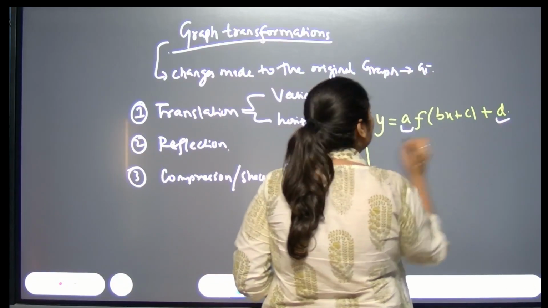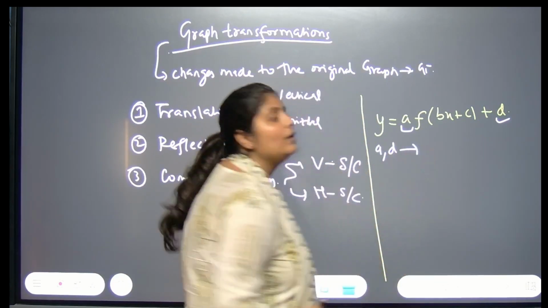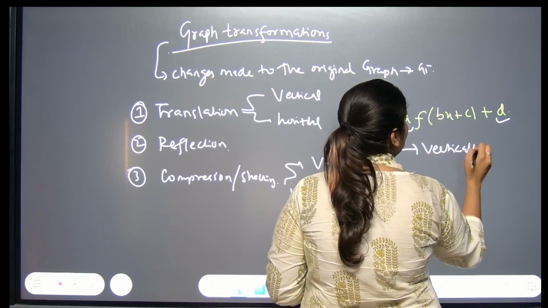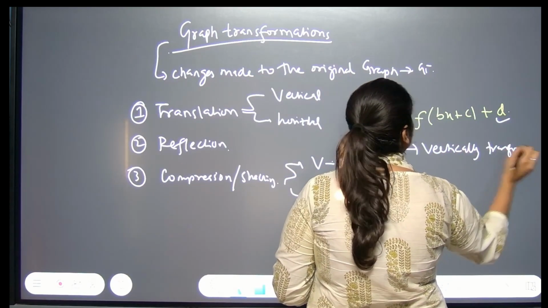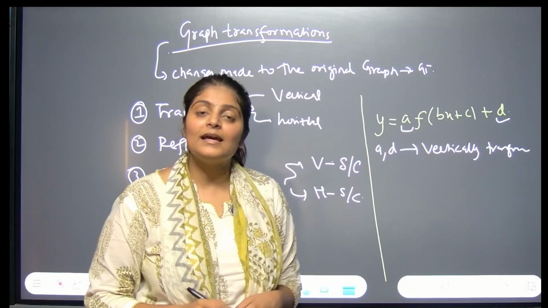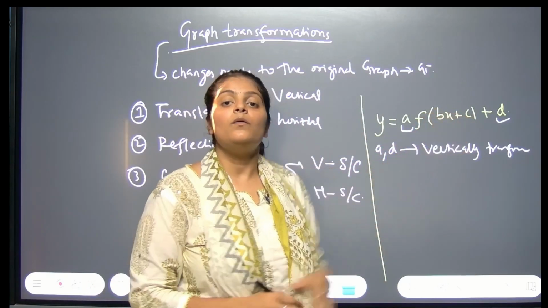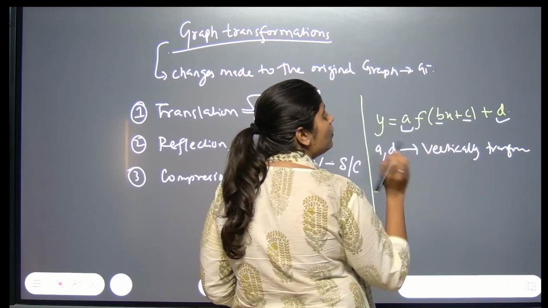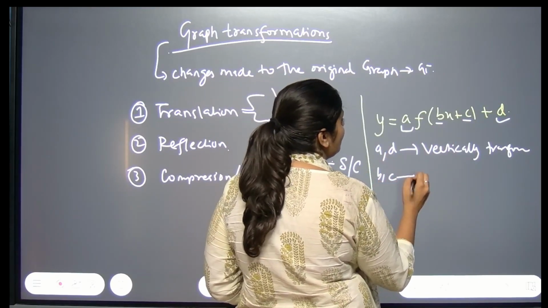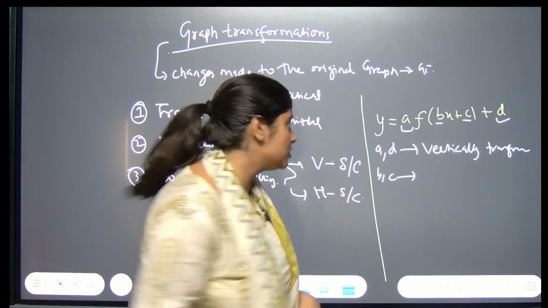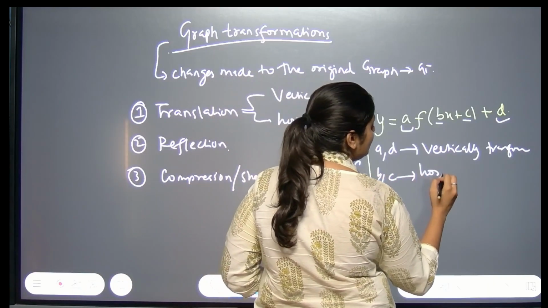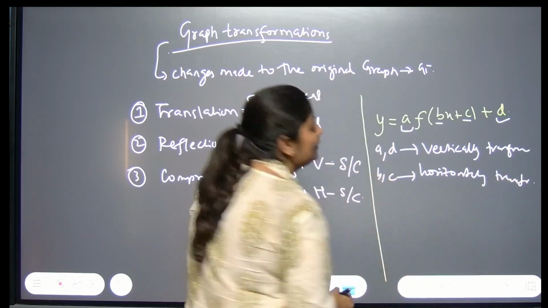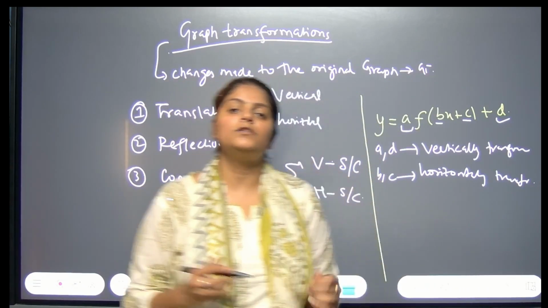It's a and d. a and d vertically transform the graph, and similarly all the inside constants horizontally transform the graph. What are the inside constants? b and c are the constants inside the function. So b and c horizontally transform the graph, right. So this was all for today.